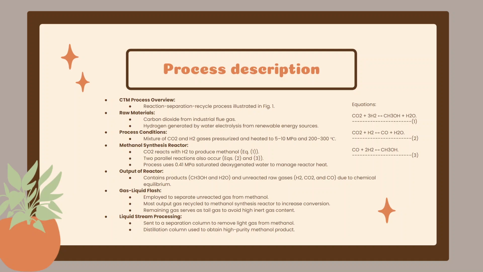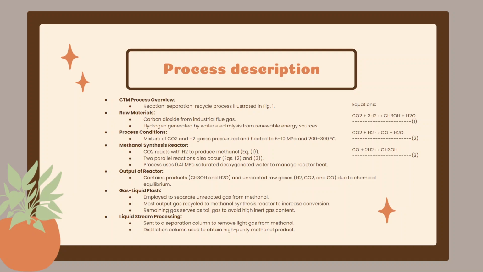The reactor output containing products and unreacted gases undergoes gas-liquid flash separation. Most of the gas is recycled to the reactor, enhancing reactant conversion, while the remaining serves as purge gas.